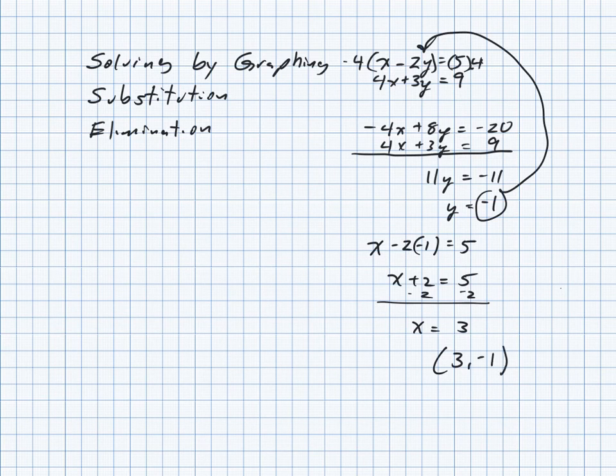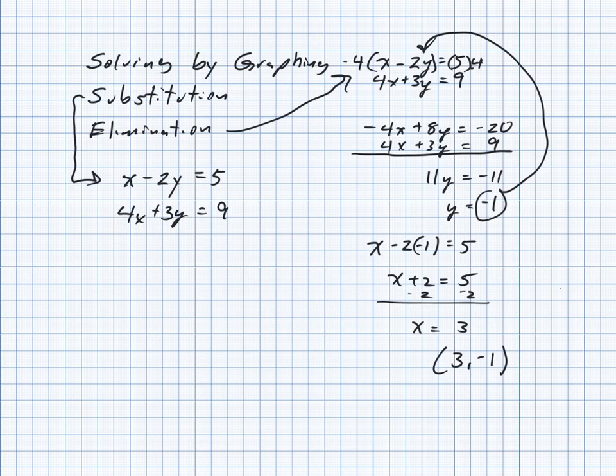So this is the elimination method. To do the same problem by substitution, let me copy down the problem again: x minus 2y equals 5, and 4x plus 3y equals 9.